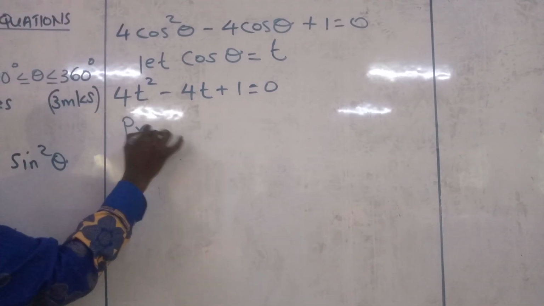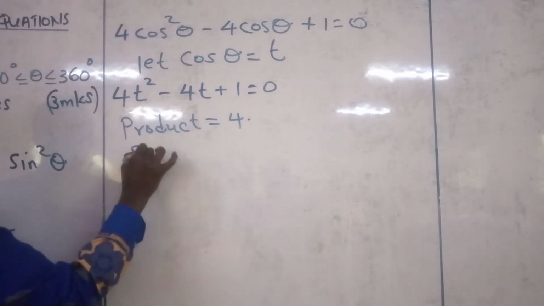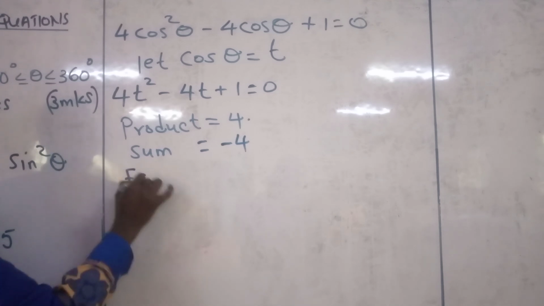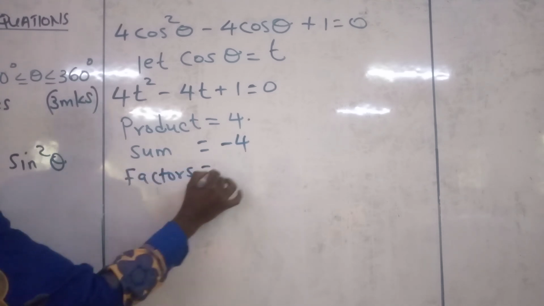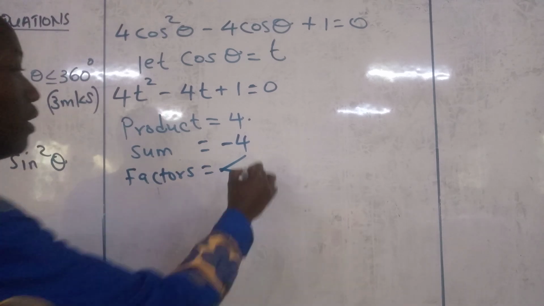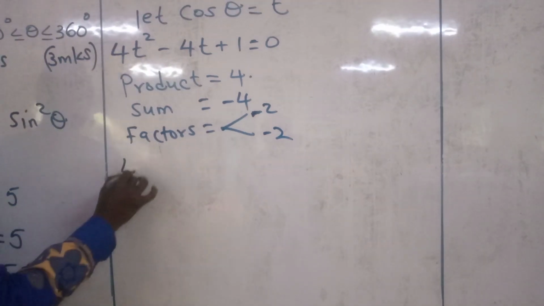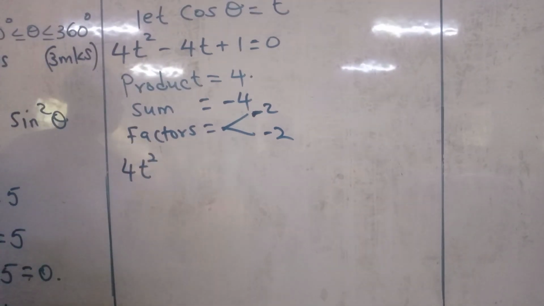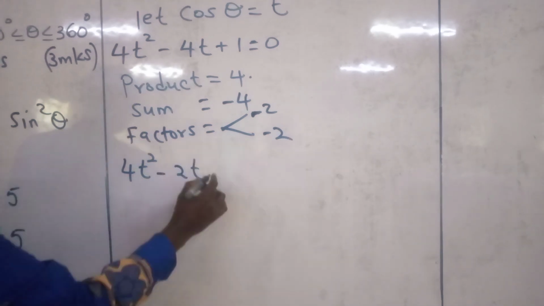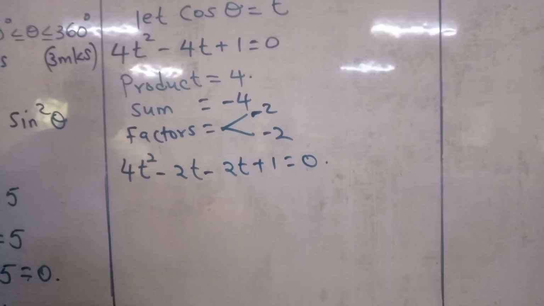So we have our product as 4. We have our sum as -4. Two numbers that can be multiplied to give us 4 and added to give us -4 are -2 and -2. So we have 4t squared minus 2t minus 2t plus 1 is equal to 0.